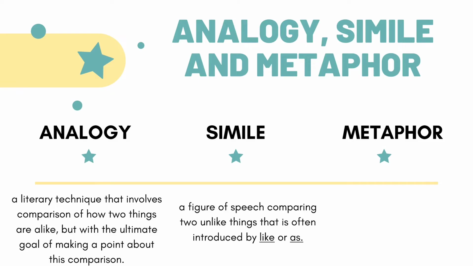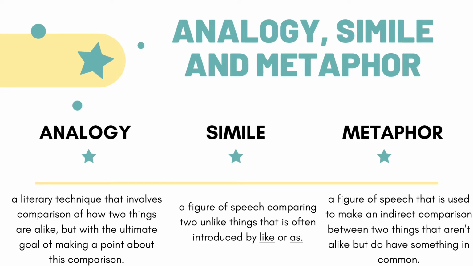While a simile is a figure of speech comparing two unlike things that is often introduced by words like or as. Lastly, metaphor is also a figure of speech that is used to make an indirect comparison between two things that aren't alike but do have something in common.